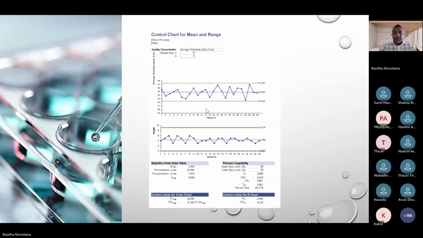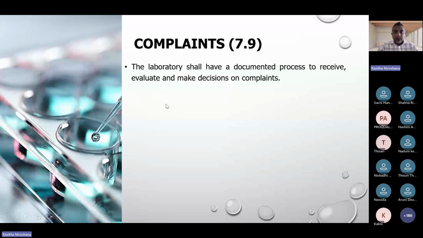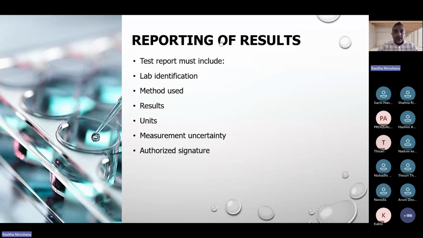And then when you move into the reporting of results, the test report must include lab identification, method used, results, unit, measurement uncertainty, and authorized signature. I showed a few examples of lab identification. For the method used, you need the method number and everything. If there is any deviation or change, you need to mention that.